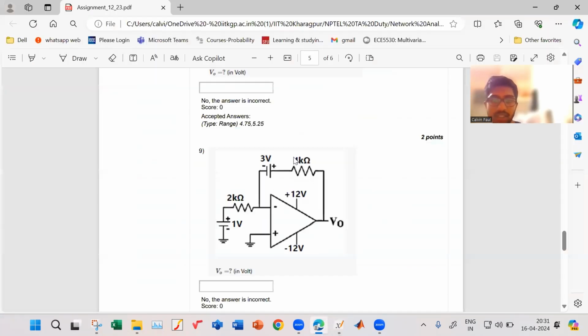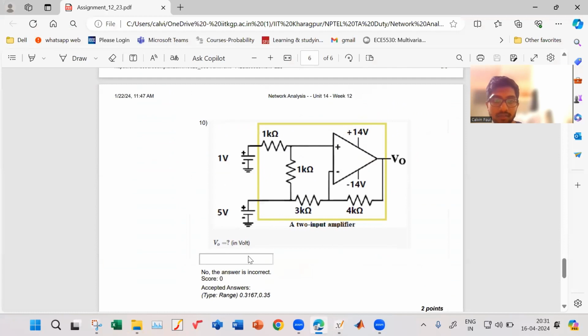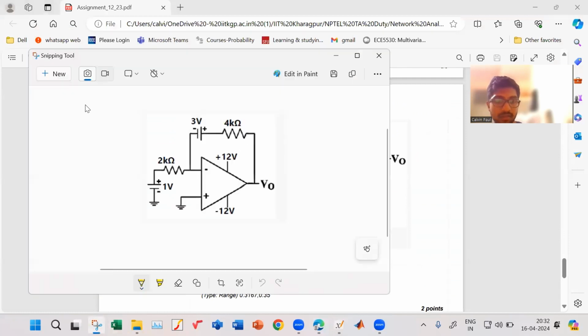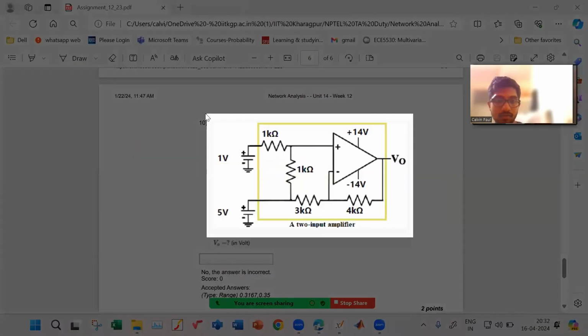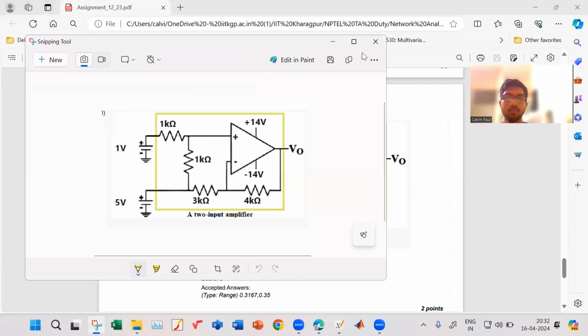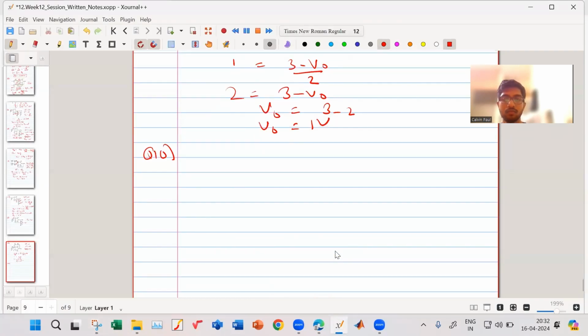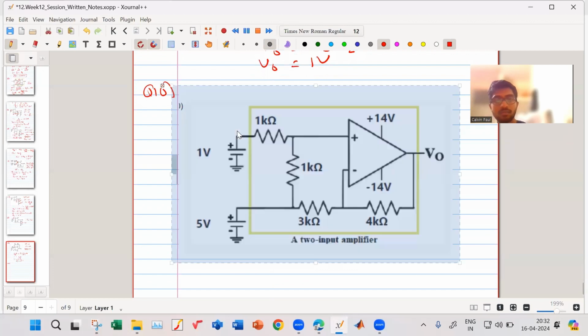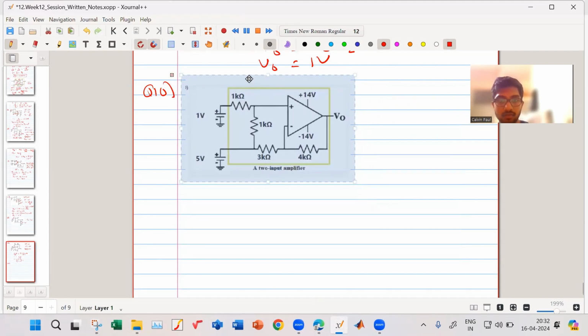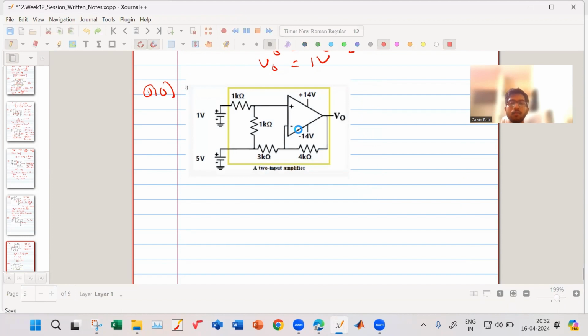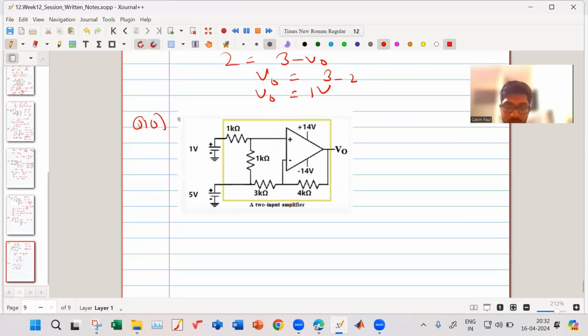Okay, so now we go to question 10. Now how will you solve this? We need to find out the V positive terminal voltage. That is one way.